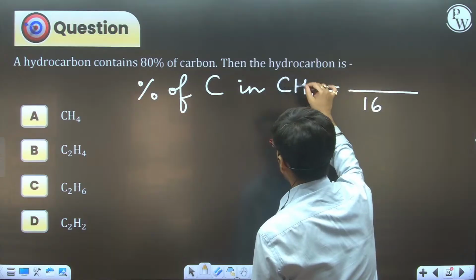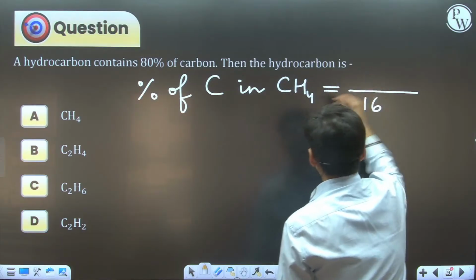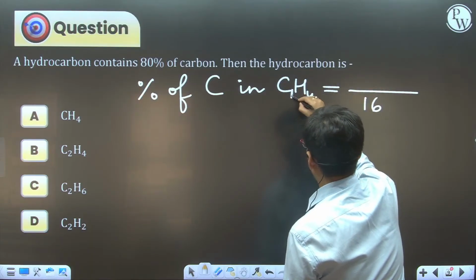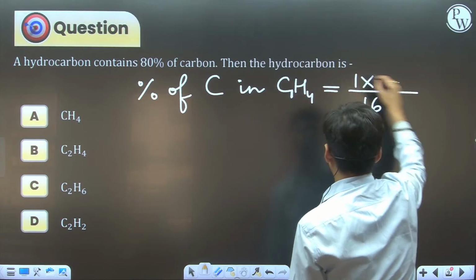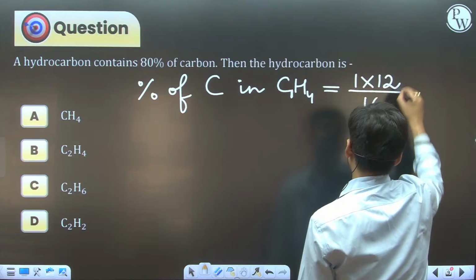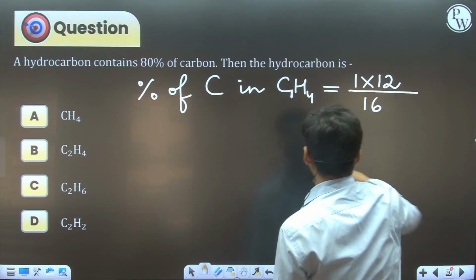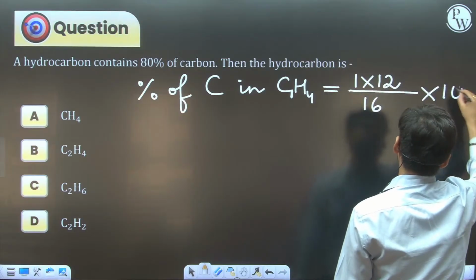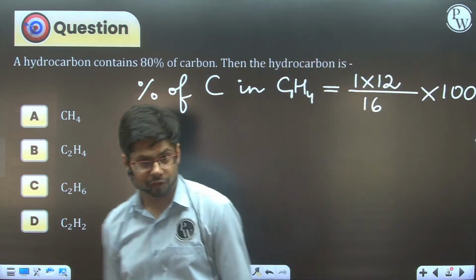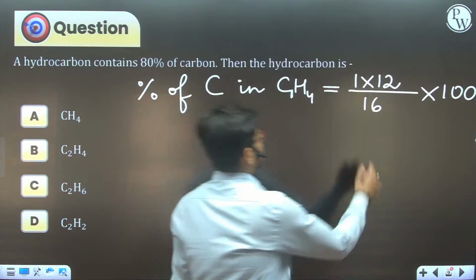And then look at carbon. So here you have 1. If nothing is written, it means 1 is written. So multiply that number with atomic mass of the element which is being considered. So here carbon is being considered, and hence I can say that this is the mass percentage of carbon in CH4.